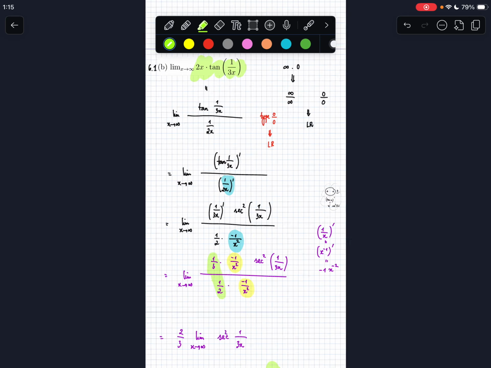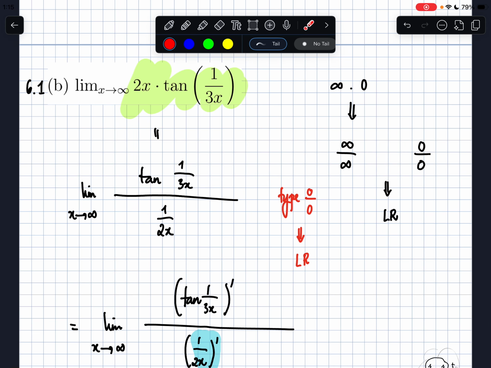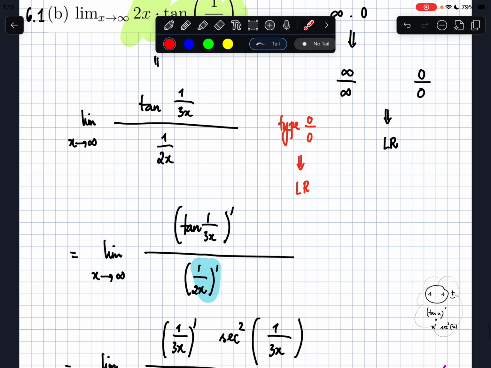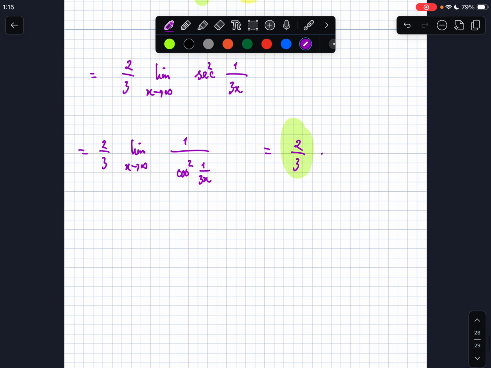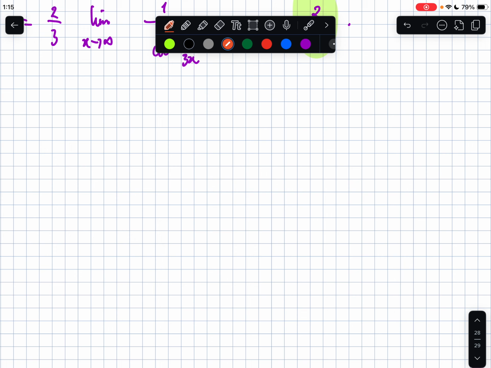But you know what? Next time, you don't need to do this again. You can just remember the standard limit: tangent of x over x when x tends to 0 gives us 1. So here's why.